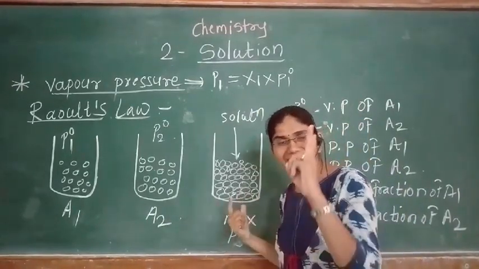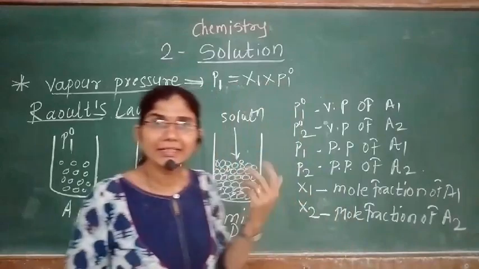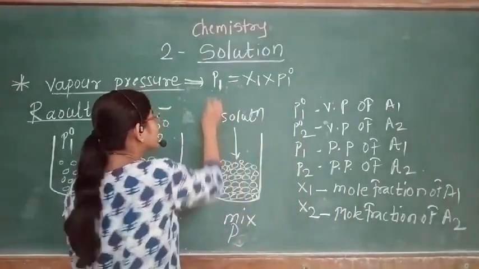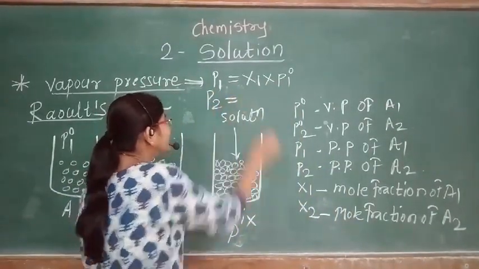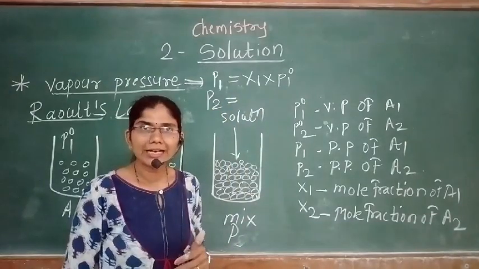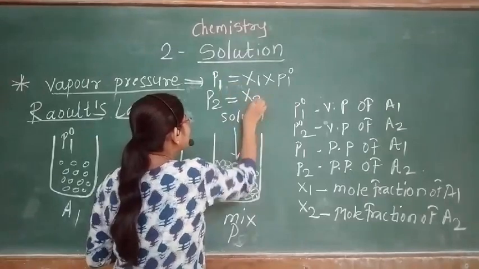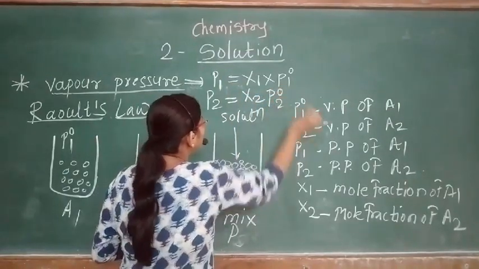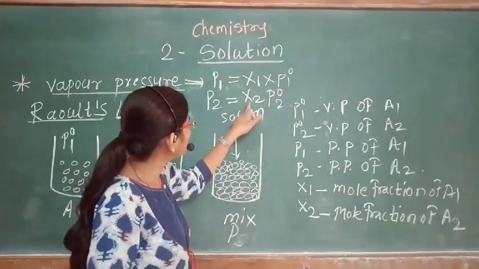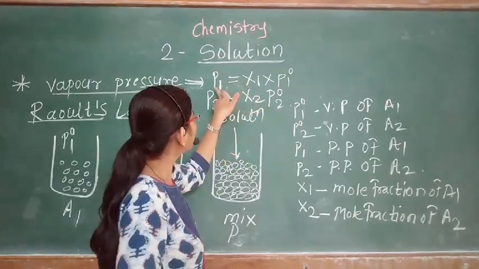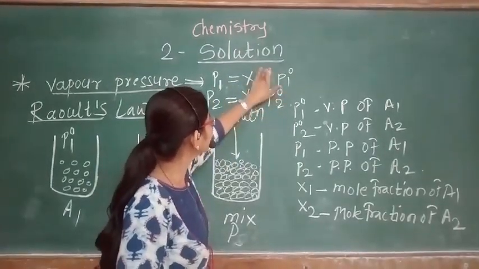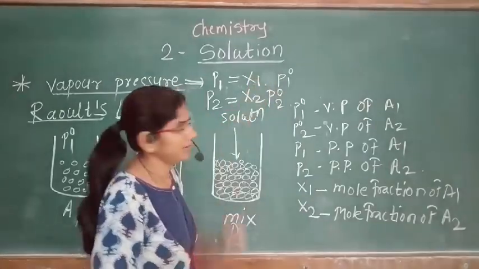But a solution contains two volatile components, and therefore for the second volatile component we can also say, according to Raoult's law, P2 is equal to x2 P0 2, and P1 is equal to x1 P0 1.